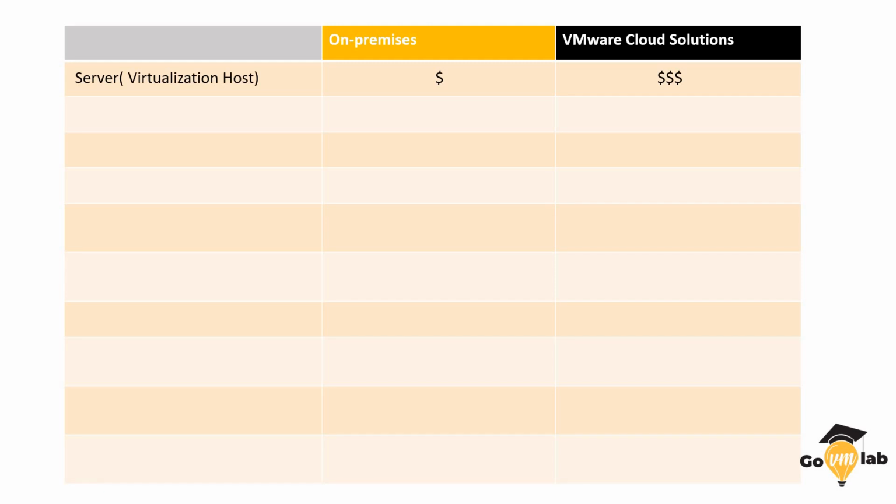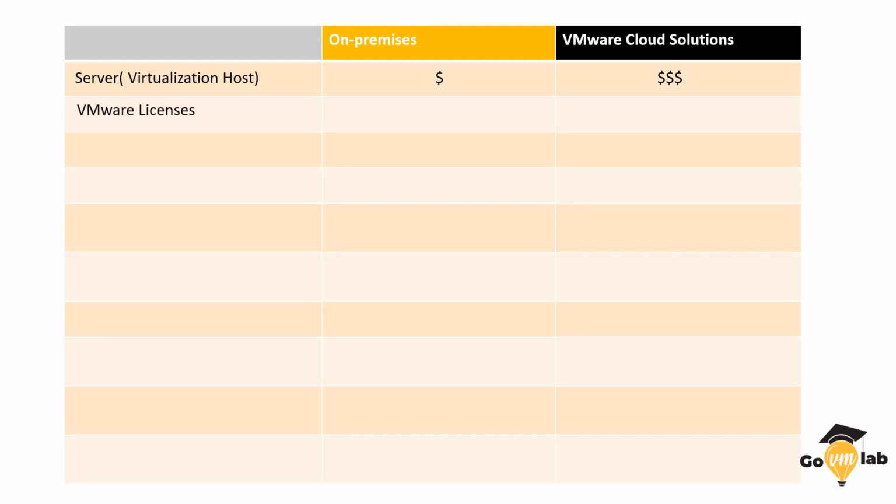That is the reason these servers presented as a part of this cloud solution offering could be much more expensive than servers deployed in an on-prem data center. So from the cost perspective of that hardware, a cloud solution could be much more expensive than on-prem. But this story does not end here. Let's move on to the next section.